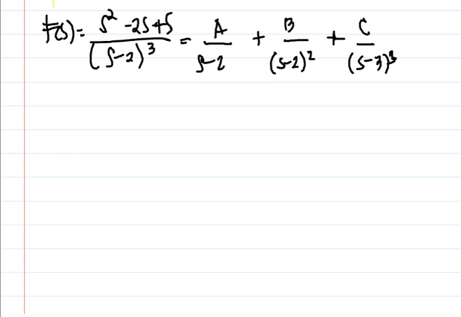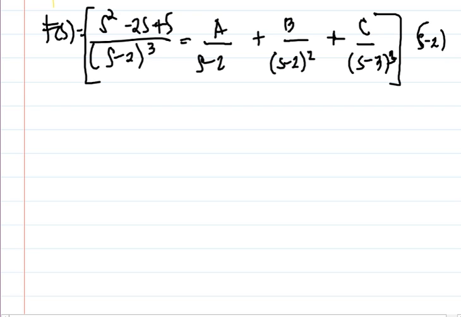Okay, so we multiply our denominator using the traditional method. So, we will multiply by s minus 2 cubed.